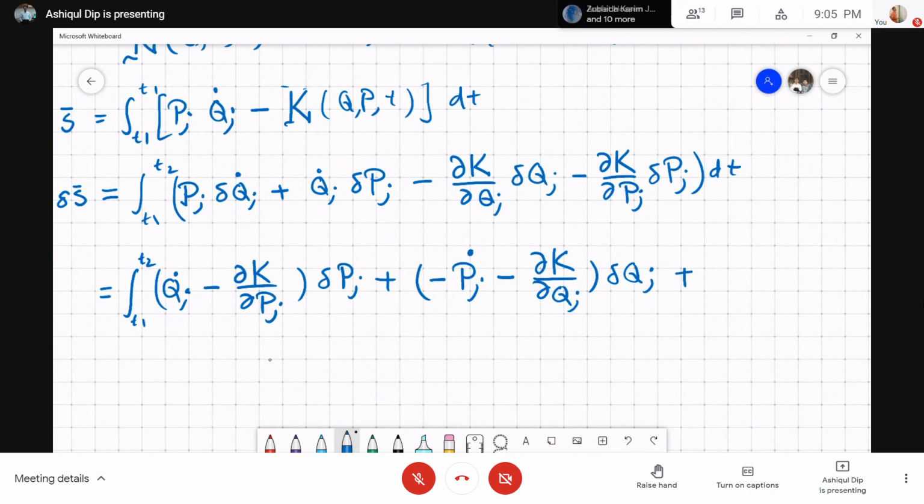We should write dt before writing the boundary. And then we have the boundary terms, that is P_j times the variation of Q_j, evaluated on the boundary.